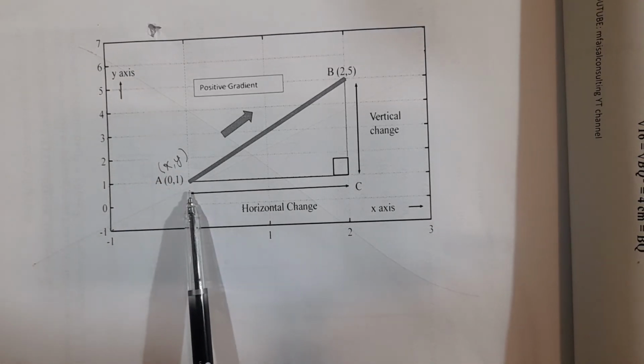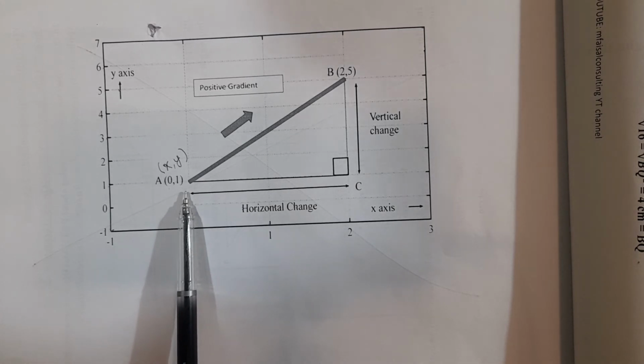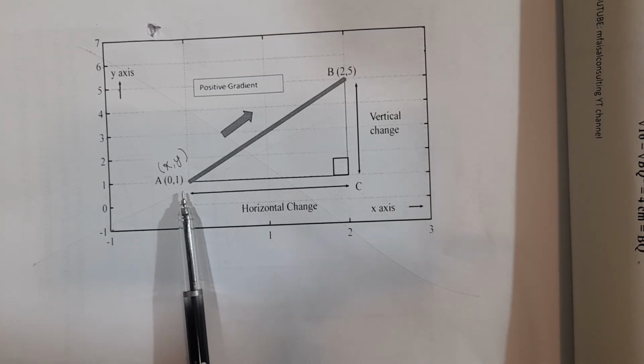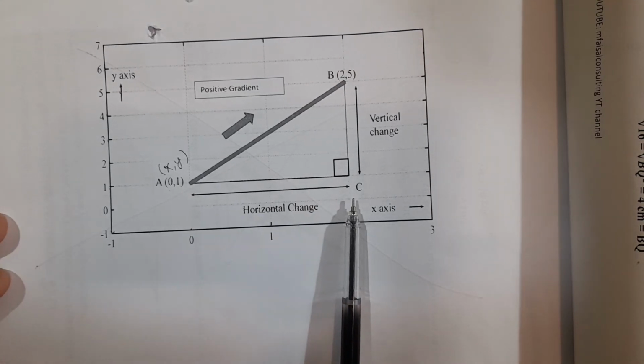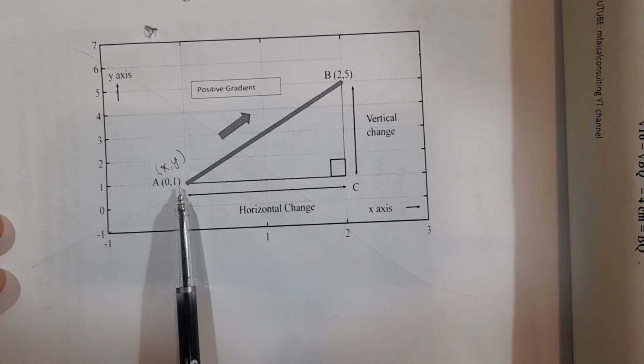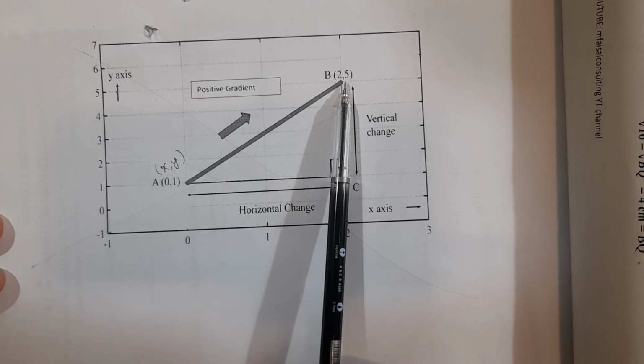So when this line originates, the initial position was at point A, (0, 1). Horizontal change takes place and it moves from 0 to point 2. And the vertical change, the initial point at 1, the final point at 5.